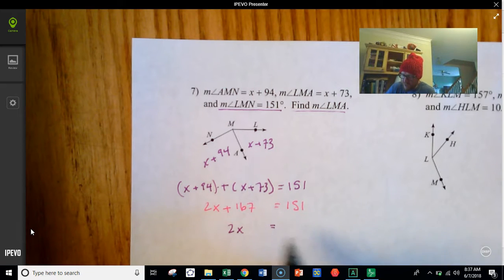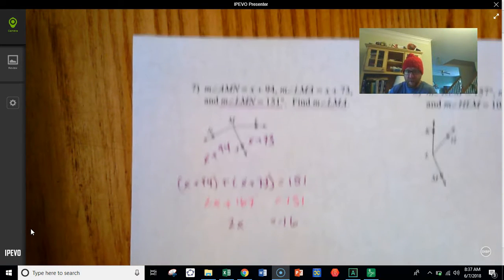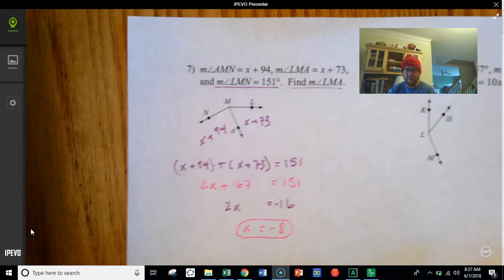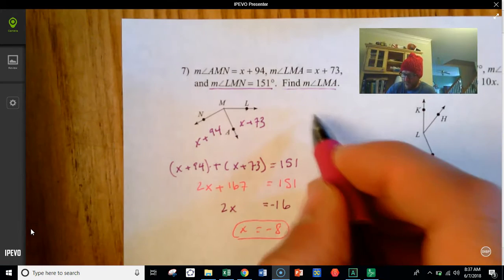Leaves us with 2x, and that is negative 16. Sorry about that. Divide by 2 on both sides, and we get x equals negative 8. So then we have to go back into LMA.